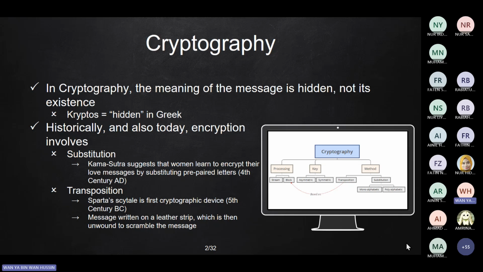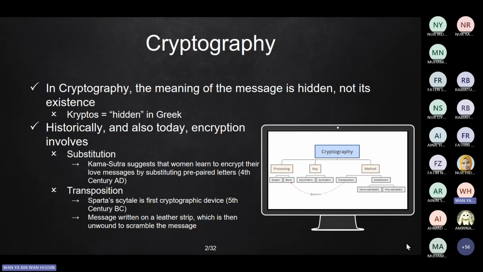And what is plain text? And what is the ciphertext? Next, you should know what is stream cipher or block cipher, and the transposition cipher and substitution cipher.